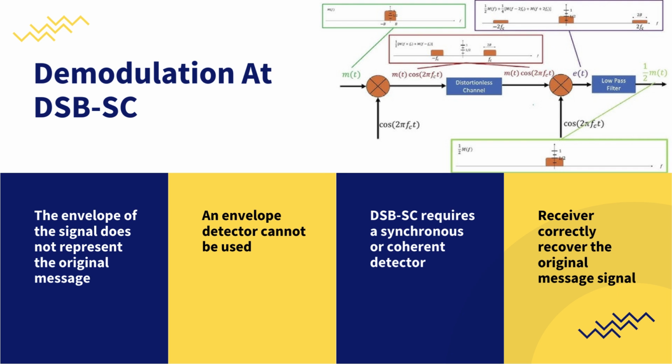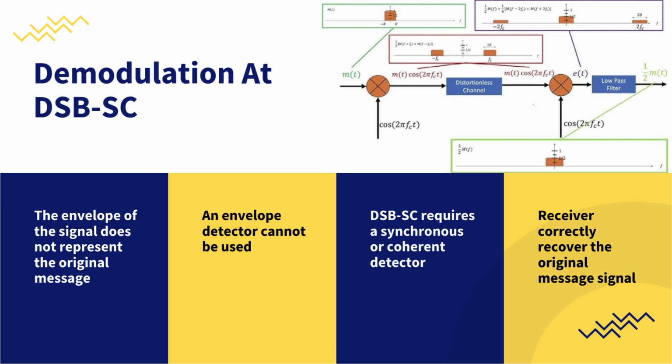Next, let's talk about demodulation of DSBSC. How is the signal recovered at the receiver during demodulation? In a normal amplitude modulation system, we can use an envelope detector to recover the original message during demodulation. This works because the envelope of the signal follows the shape of the original data. However, in DSBSC, the carrier is suppressed.